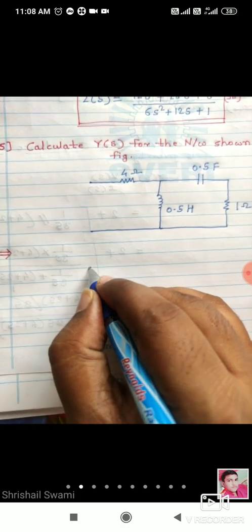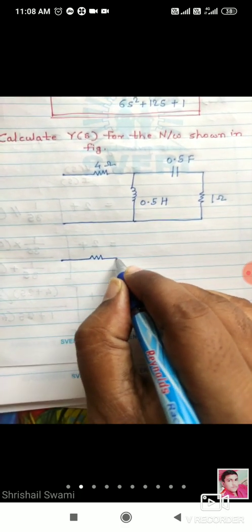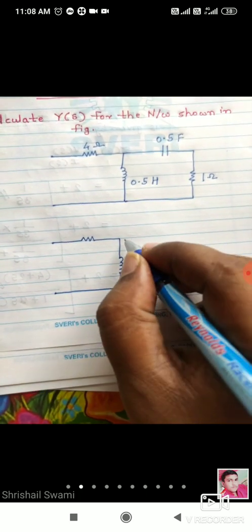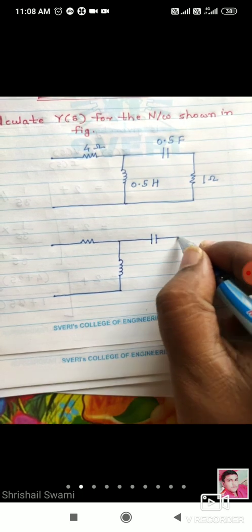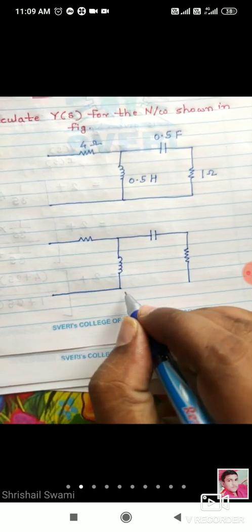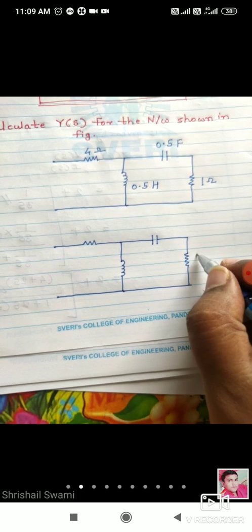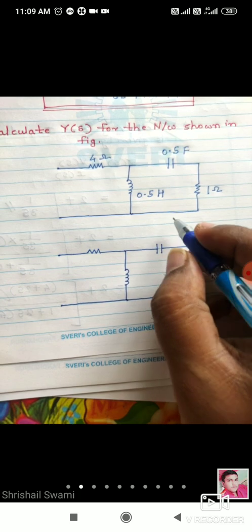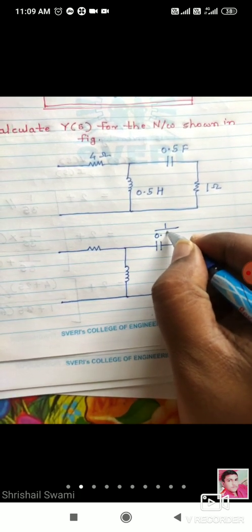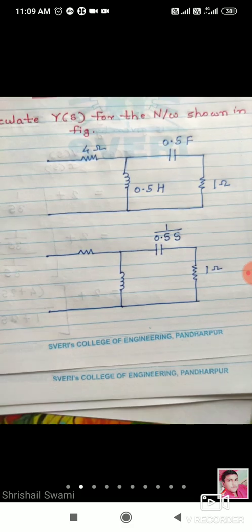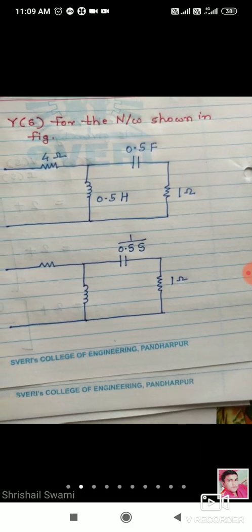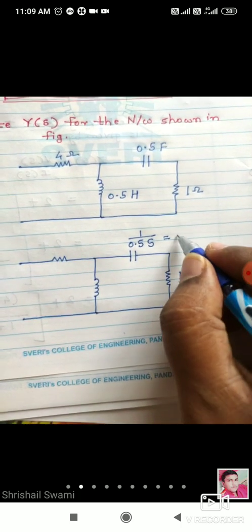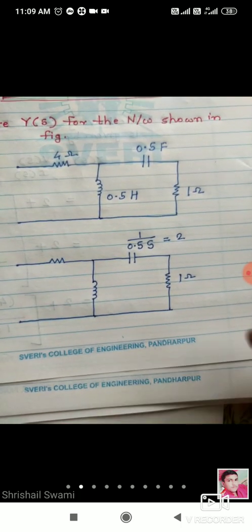So once again draw. So this is 1 ohm. Now 0.5 F means 1 upon 0.5 S. Instead of 1 upon 0.5 S, can I write 1 upon 0.5 means 2, divided by S?